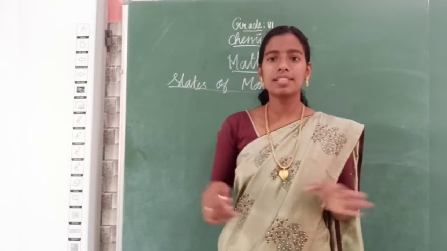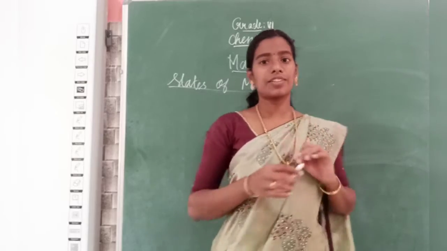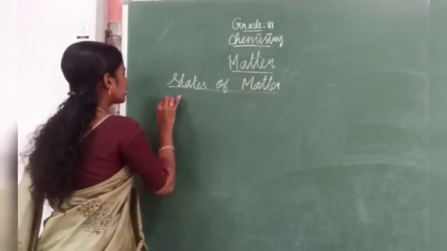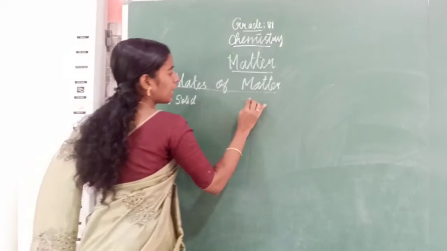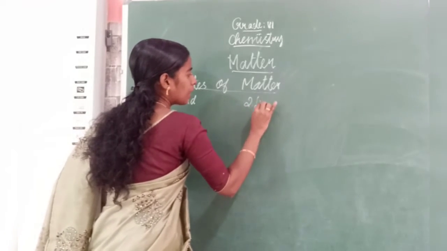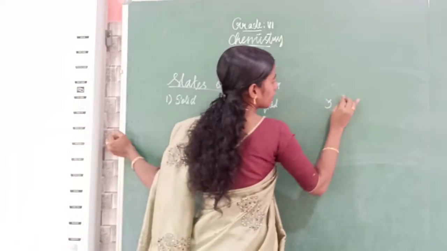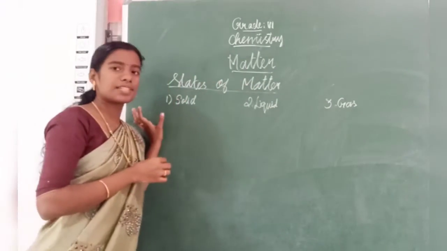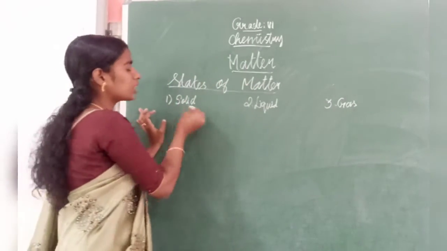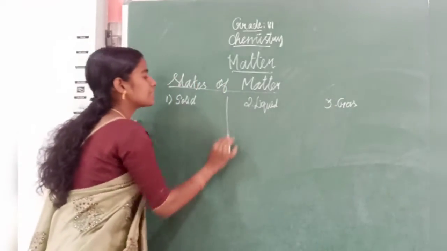Do you know what the states of matter are? There are 3 states of matter. One is solid state, the second is liquid state, and the third is gaseous state. What are the 3 states of matter? Solid state, liquid state and gaseous state.